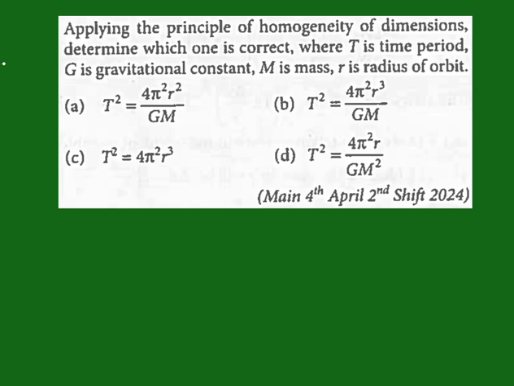Question number 7 of the day. Here we have to find the dimensional correctness of the relation between the time period of a satellite revolving around the earth in terms of the mass of the earth and the radius of the orbit. We know from the gravitational chapter that T is equal to 2π under root GM by r cube.